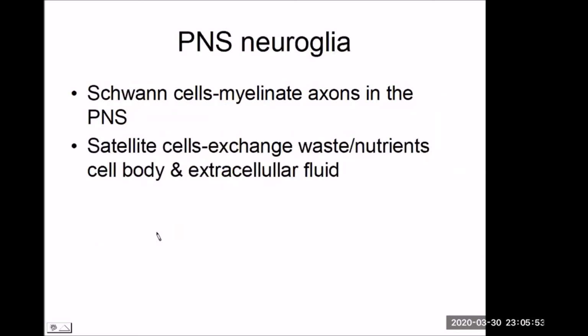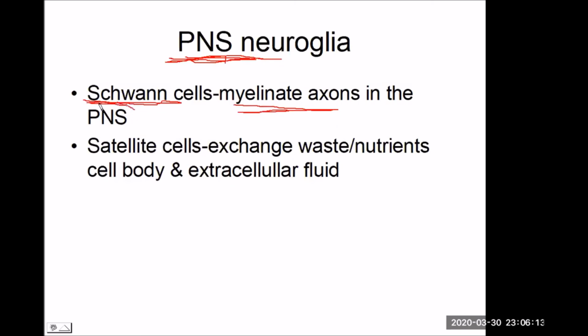So now for the peripheral nervous system, good news is we pretty much already covered this. Schwann cells are similar to oligodendrocytes, meaning that they myelinate axons for that rapid speed. I just mentioned the very rapid signaling through your nerves.